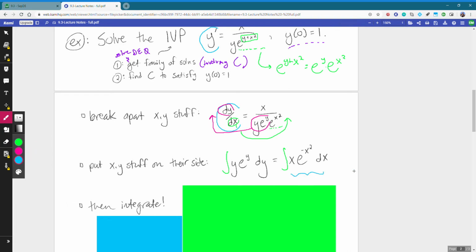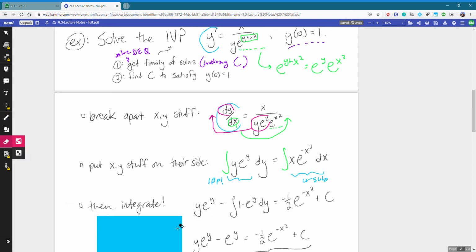Over on the right, we can do a u sub. Over on the left, the u sub's not going to work out, but integration by parts. And since we have the y out front, we'll have to work through that.